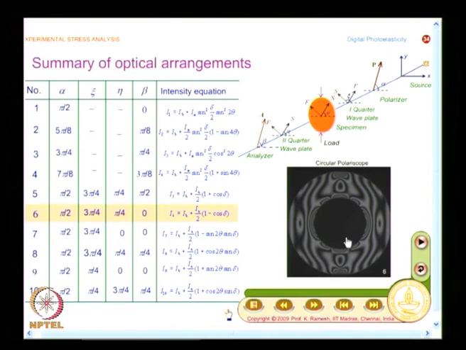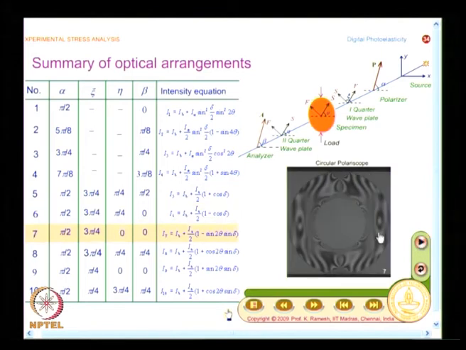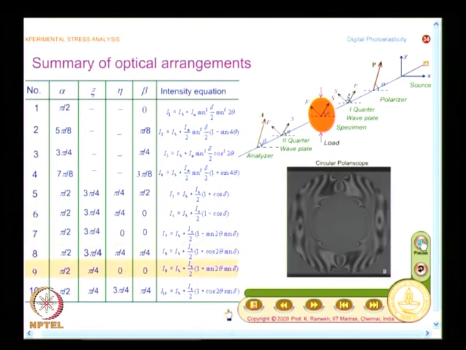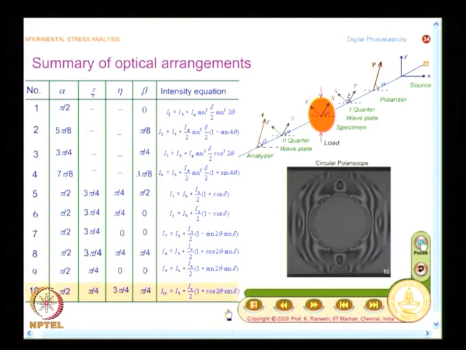So, if you look at the other arrangements, you will see unconventional patterns. The interpretation of these fringes as physical information is not possible. They are only representing intensity data. I have the 8th arrangement like this, 9th arrangement like this, and 10th arrangement.